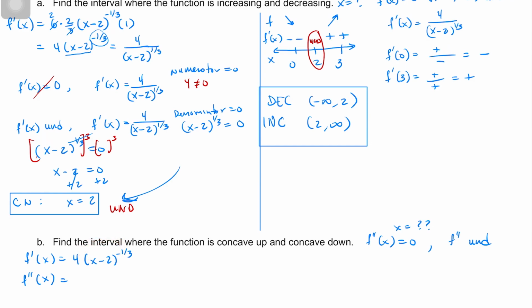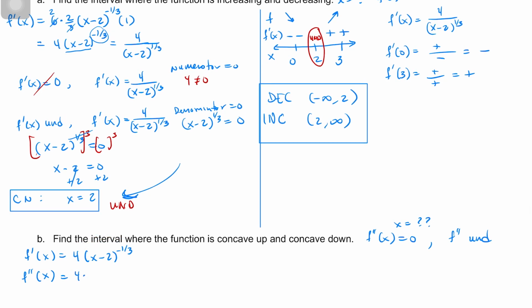So that's 4 times negative 1/3 times x minus 2. Leave the inside as it is, and then subtract 1 from the power. Negative 1/3 minus 1 is negative 4/3. And then times the derivative of the inside, which is 1.